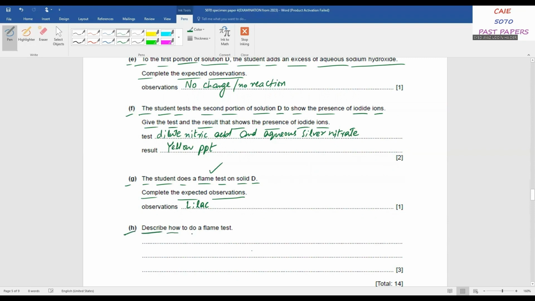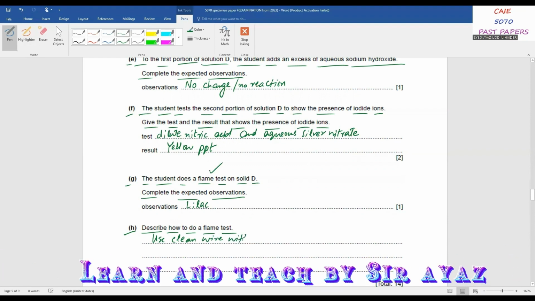H, describe how to do a flame test. So you can write any three from these. Use a clean wire with the solid sample.